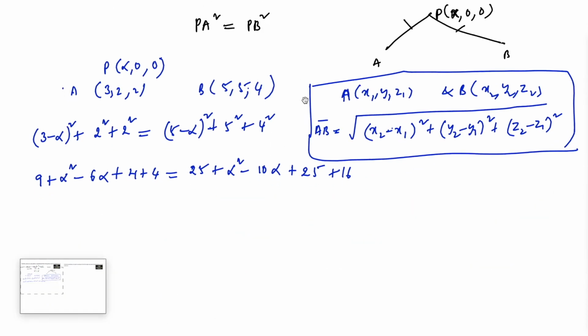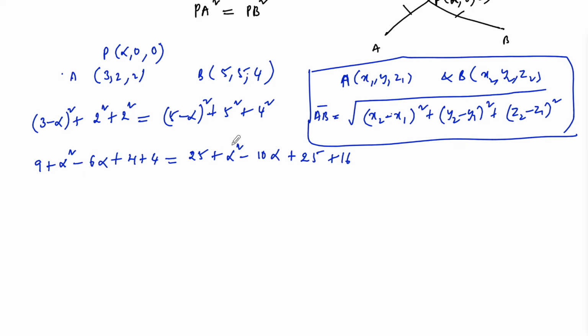So upon simplifying, alpha square on both the sides with a positive sign will get cancelled, and here 4 plus 4 is 8, 9 plus 8 is 17.